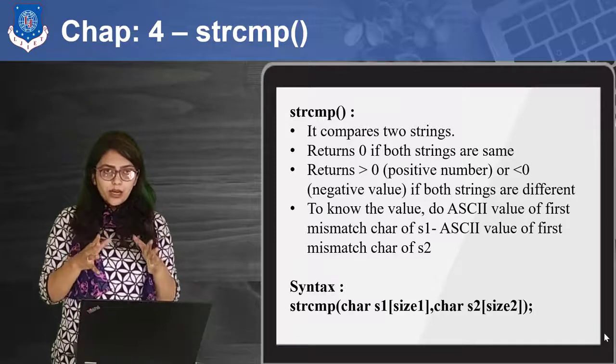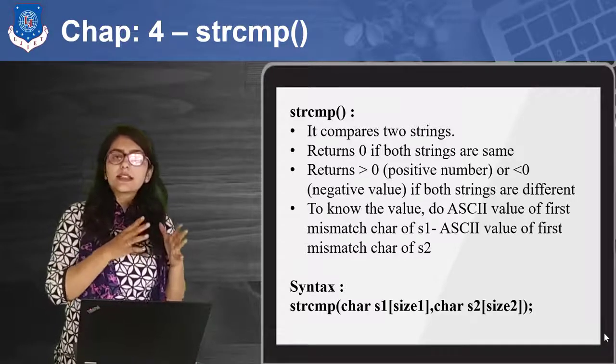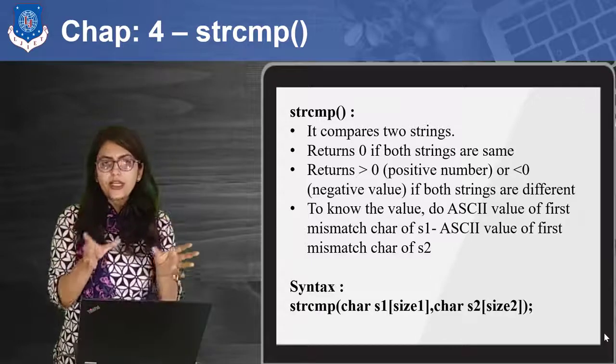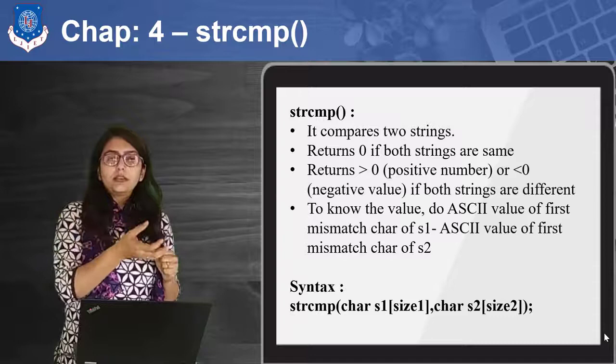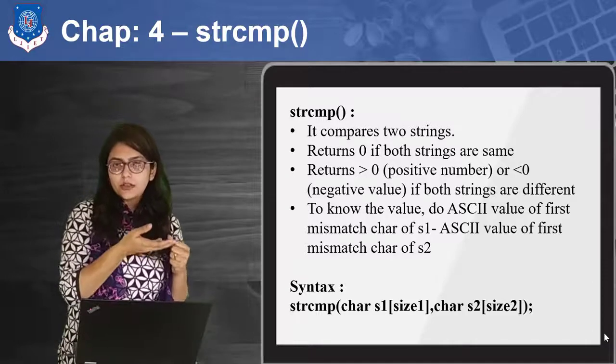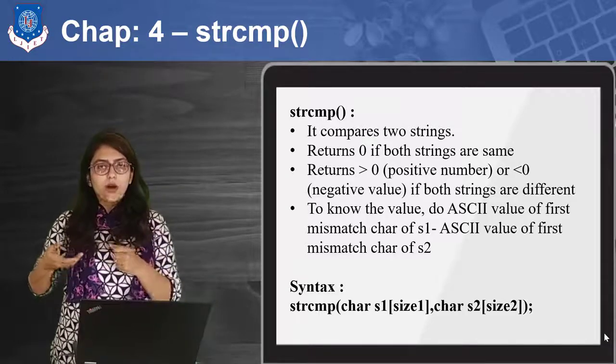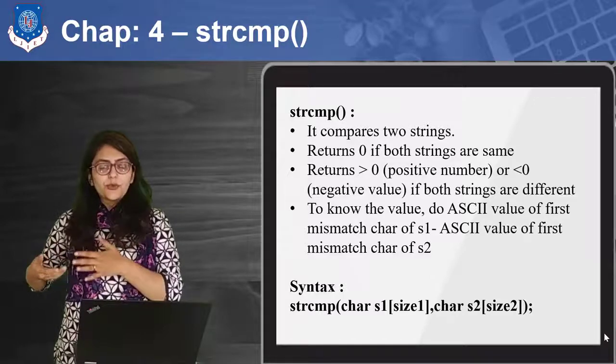What exactly is being done whenever you give two strings as source and destination inside strcmp? It takes the ASCII value of the first string's first character and subtracts from it the ASCII value of the second string's first character.